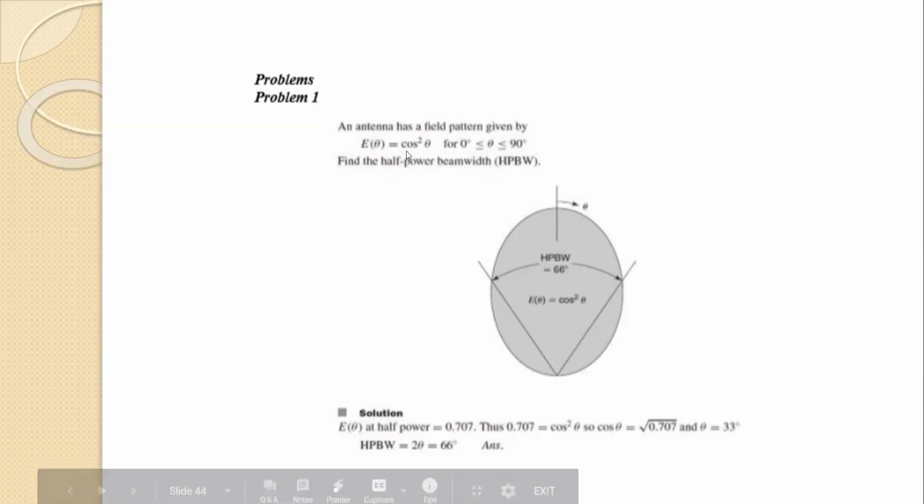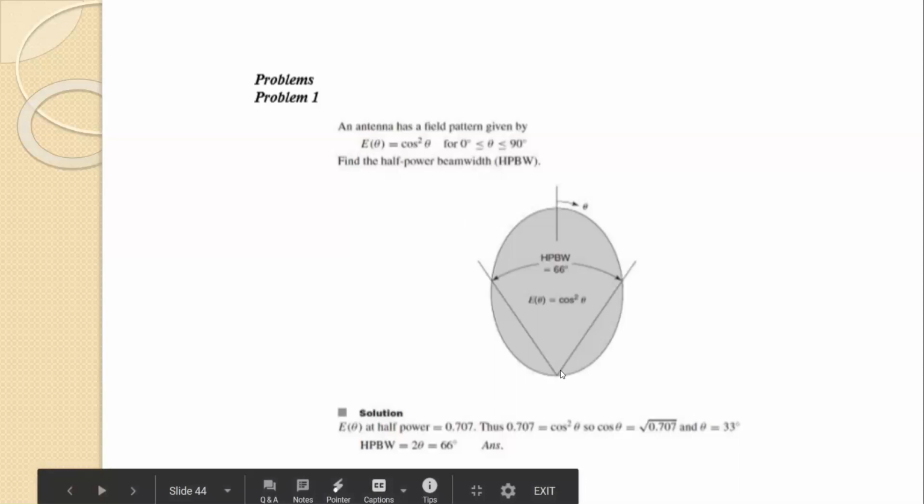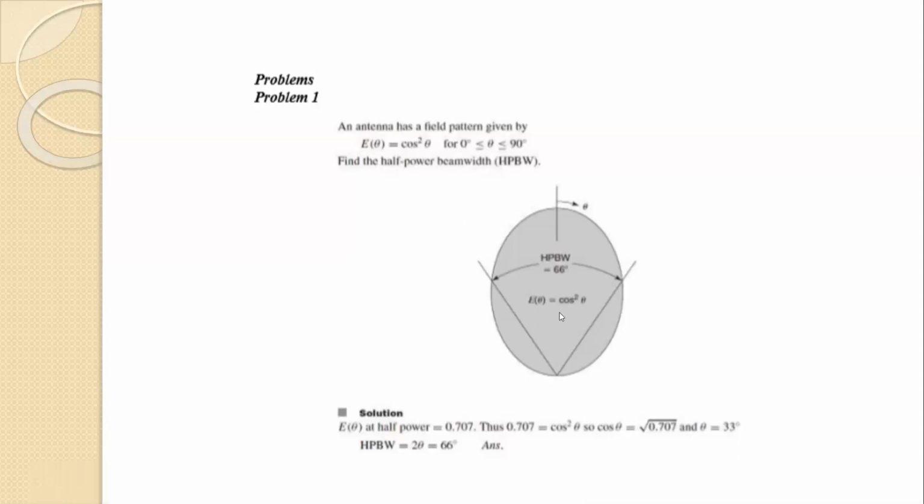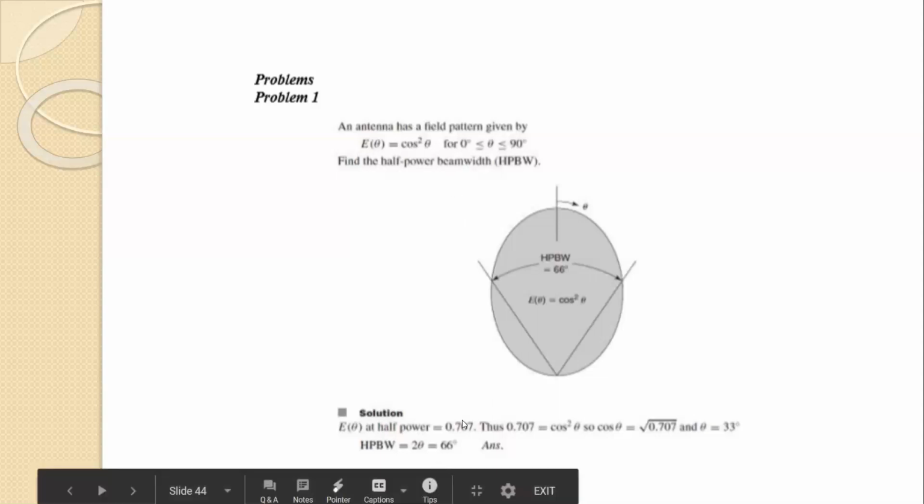In this main beam, you are focusing on the radiation E of theta equal to cos square theta, with theta between 0 degree and 90 degree. So cos square theta equal to 0.707.